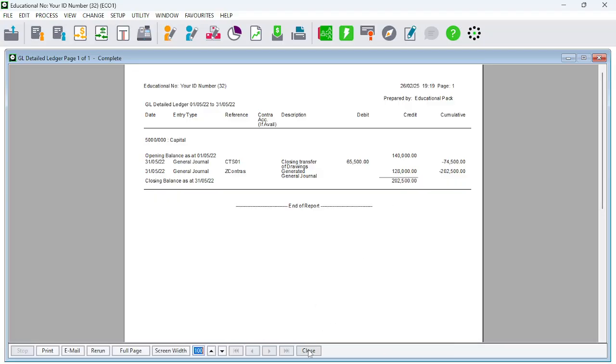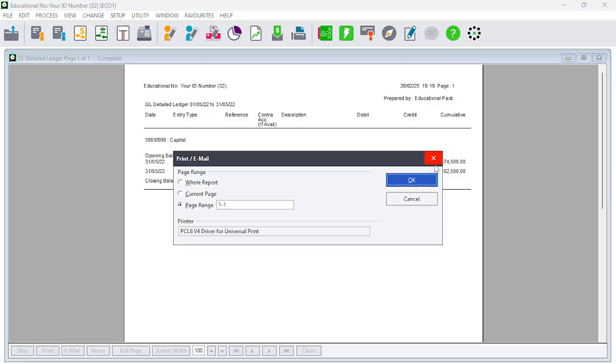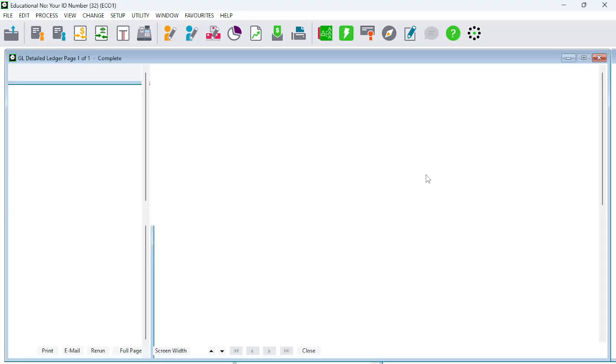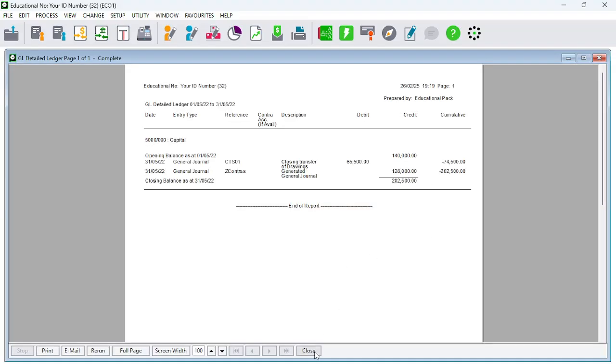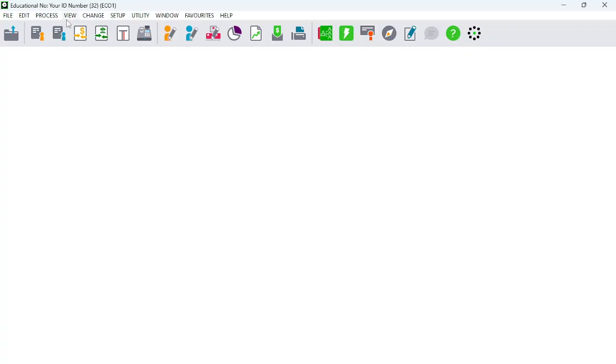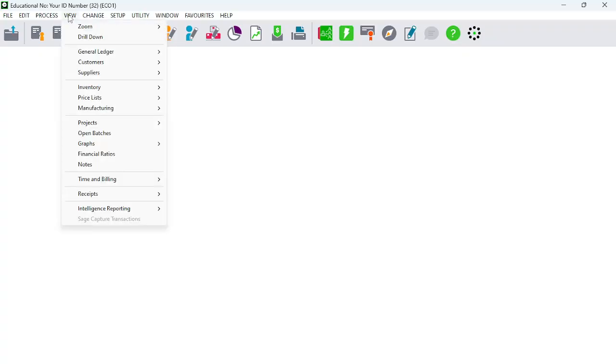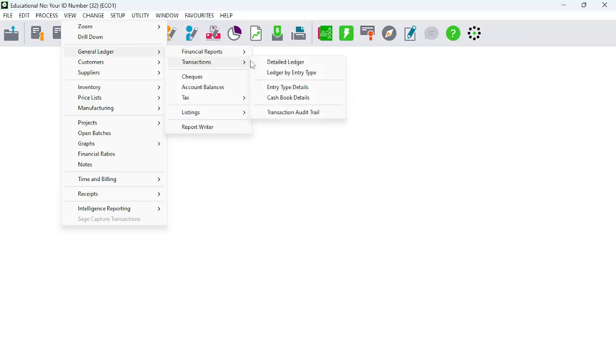Before we close it, in this case here, they want us to print it. So we need to click print and print it. There you go. Okay. Now, I want to show you that entry again. Let's go again. Go to view. We updated it. Go to general ledger. Go to transactions. There's our detailed ledger.